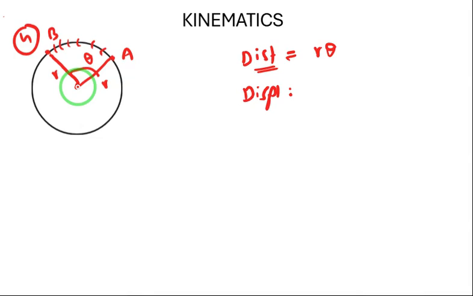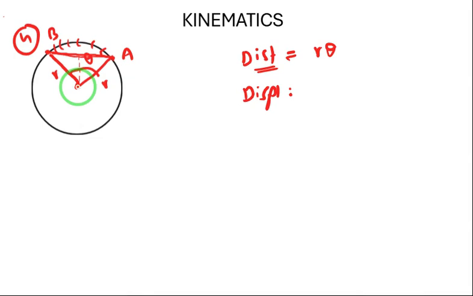So in case of displacement, how do you calculate displacement? Starting point is A and final point is B. Just join directly. That is the shortest path you take. So this path you have to calculate. For calculating this path, just bisect this.